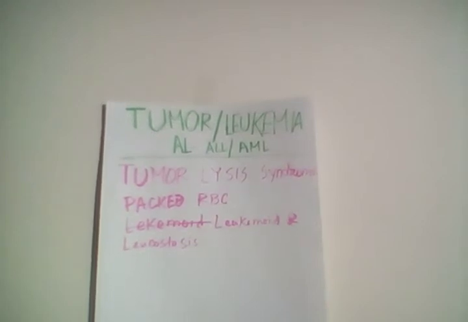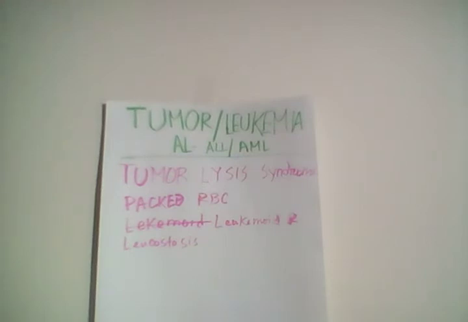Hypoxia does not increase the leukocyte alkaline phosphatase, only the red blood cells. But clonal myeloproliferation can cause polycythemia and increase the neutrophils. All cells will increase.